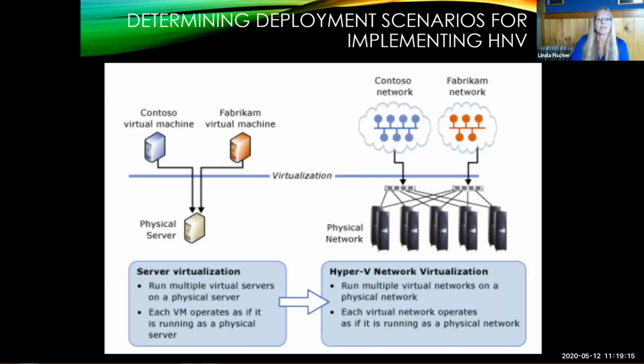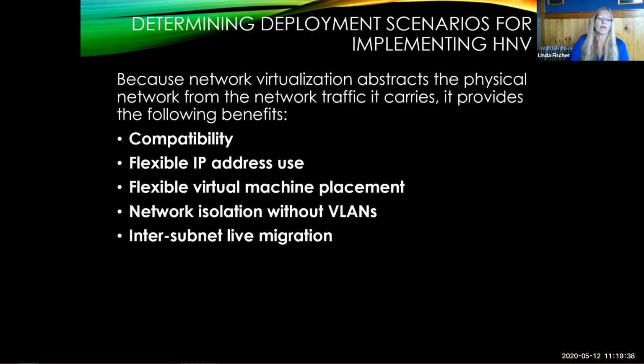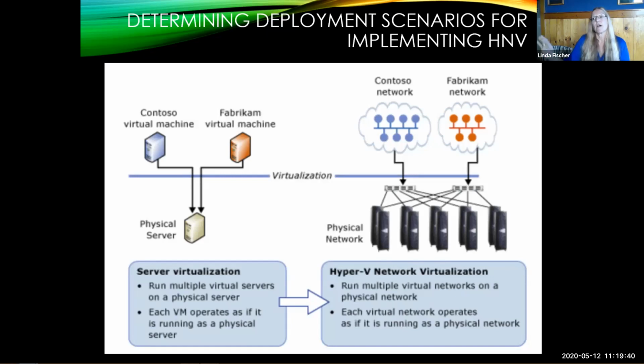And here's an example of a scenario. You can use network virtualization to manage our network traffic by creating multiple virtual networks, logically isolated on the same physical network. So here we've got our server virtualization and our Hyper-V network virtualization. We're running those on our physical network, but it's virtual. If we go back to that, we can see that we've got two different networks in there: the Contoso network and the Fabrikam network.